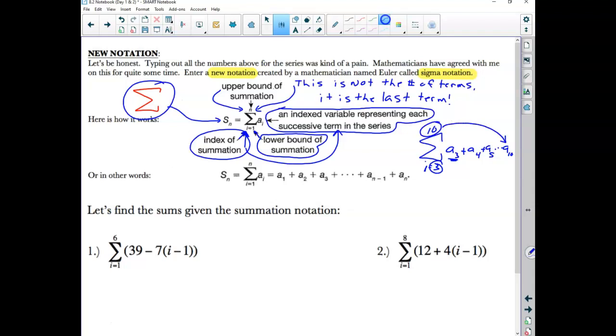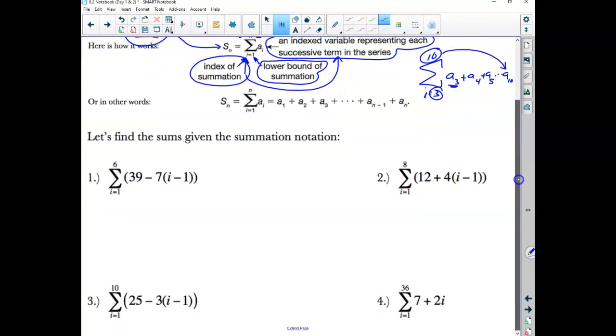And how many terms are there? If you begin at 3 and you go to 10, there would be 8 terms. If you finger count them, 3, 4, 5, 6, 7, 8, 9, 10, there are 8 terms that would be summed together. So let's find some sums. What we want is to not have to list all these out.